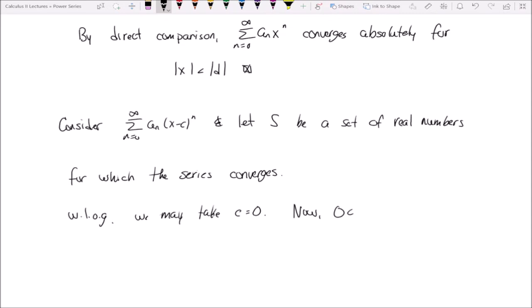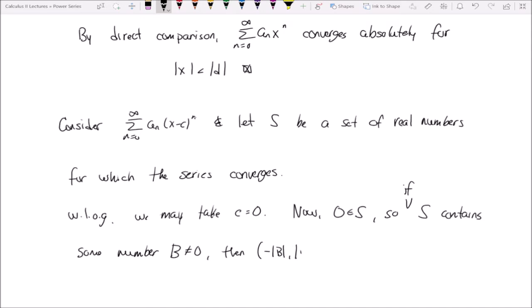Now, clearly, 0 must be inside S. So if S contains some number B not equal to 0, then S must contain the entire interval from negative absolute value of B to absolute value of B.